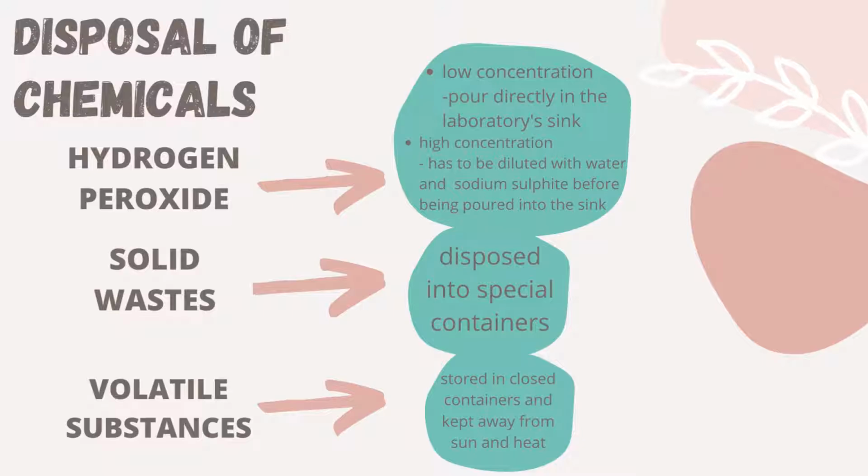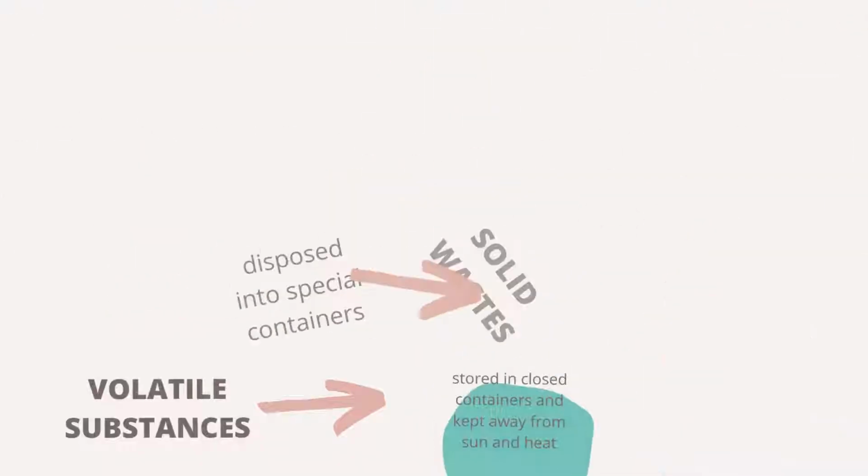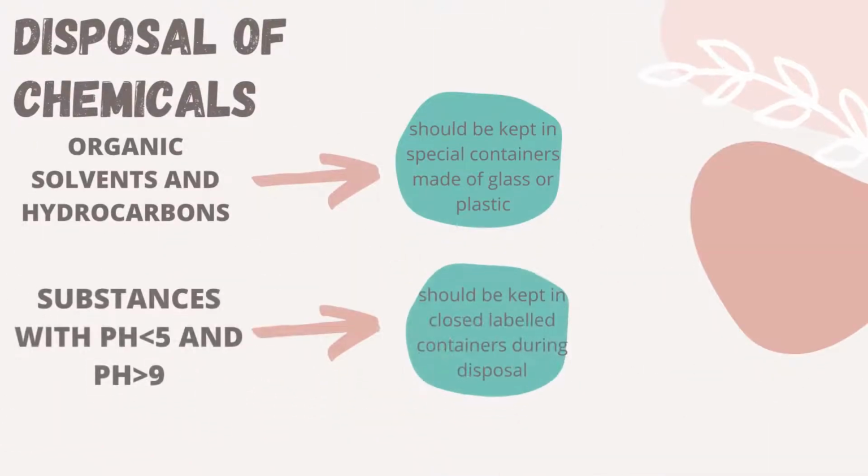Volatile substances can be stored in closed containers and kept away from sun and heat. And for disposal of chemicals, organic solvents and hydrocarbons should be kept in special containers made of glass or plastic.